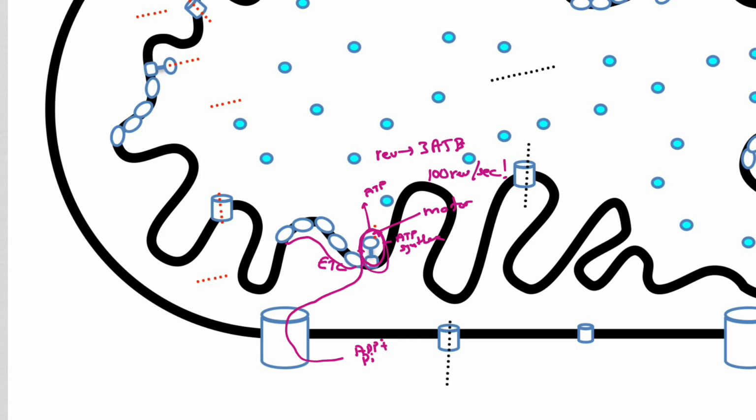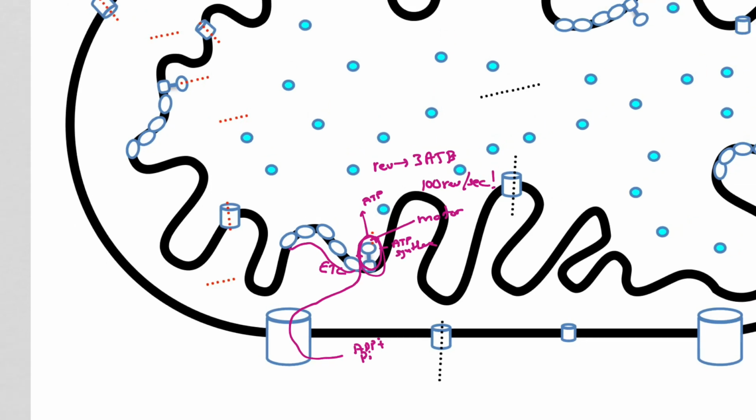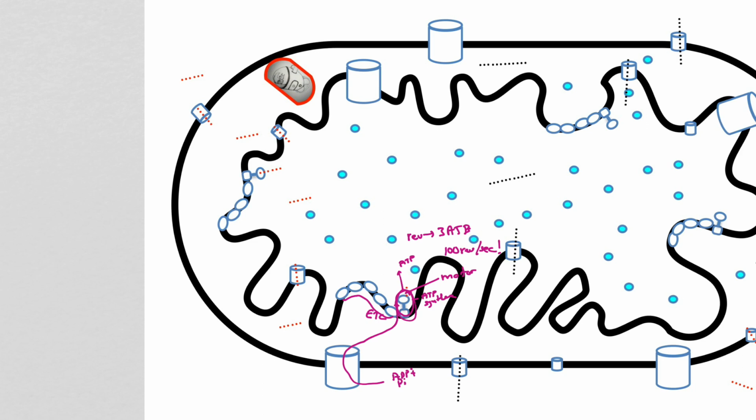Most of this ATP is used immediately as soon as it is made. We don't store ATP, so you can see a lot of this ATP either used up in the mitochondrion, or it is transported out into the cytoplasm, and as soon as it's transported out, it is used up. Humans don't store ADP.